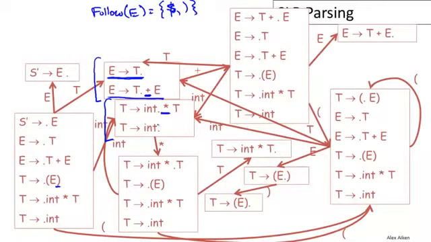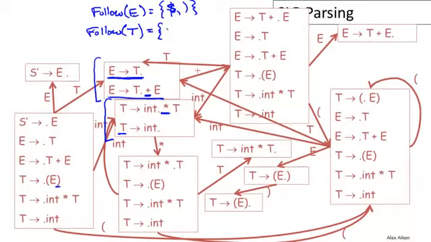The situation is similarly improved for the other state. So here we're going to shift if there's a times in the input, and we're going to reduce if the input is in the follow of T. And what is the follow of T? Well, recall we computed this again a long time ago, and I just happen to know what it is.